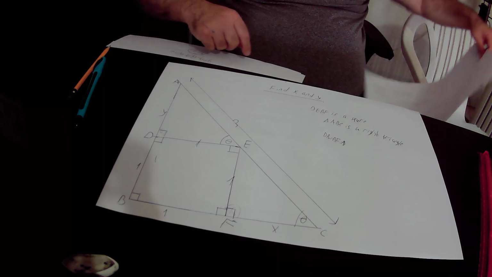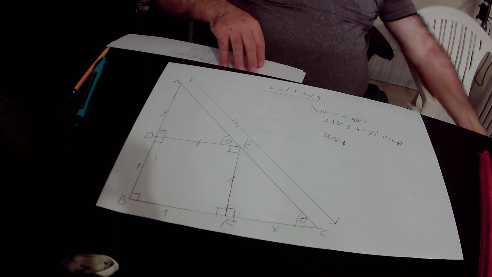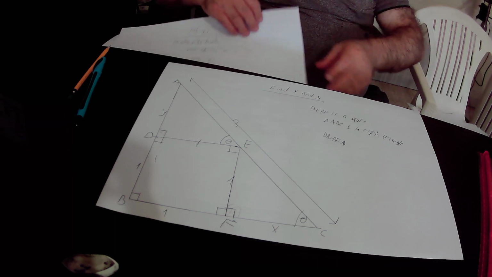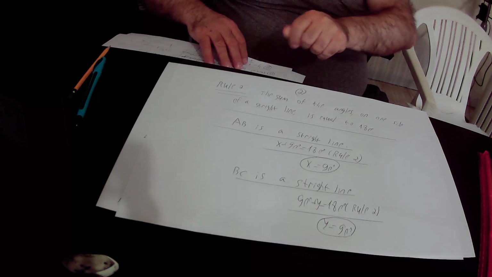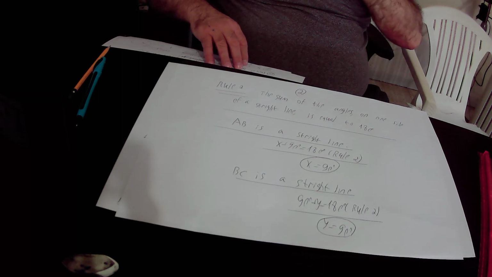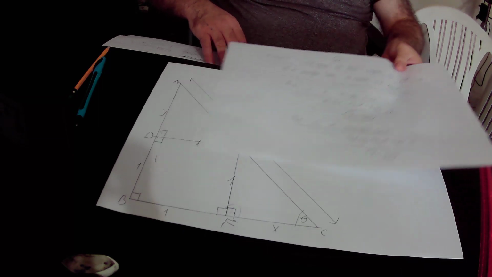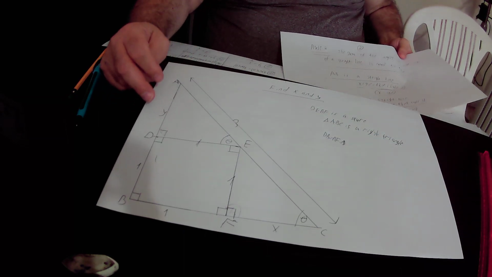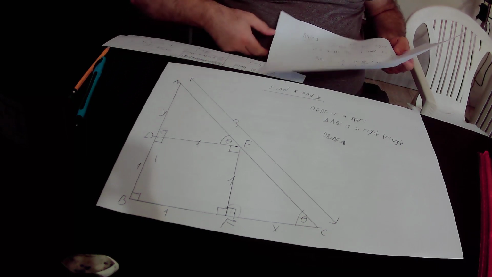And then I presented to you rule number 2. According to rule number 2, the sum of the angles on one side of a straight line is equal to 180 degrees. So here we know that AB is one side of the right triangle ABC, therefore it is absolutely a straight line.